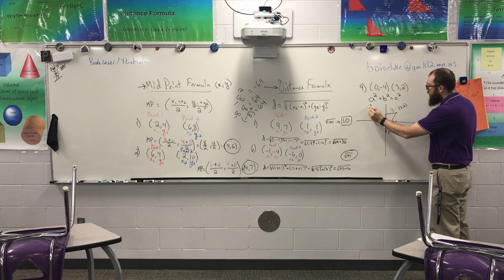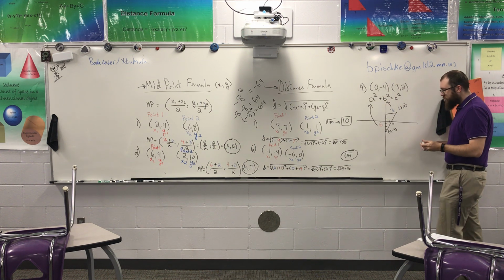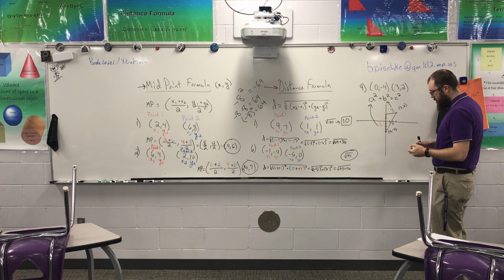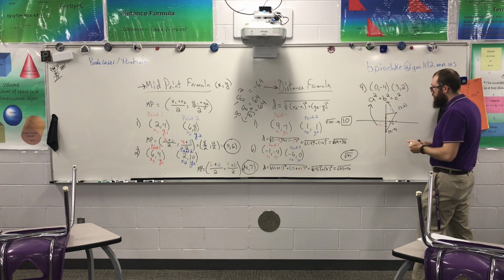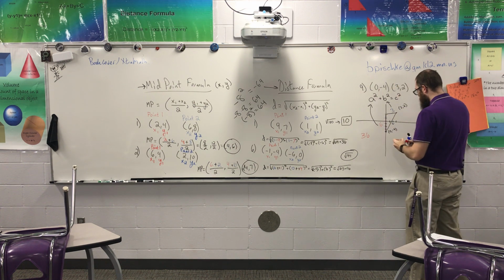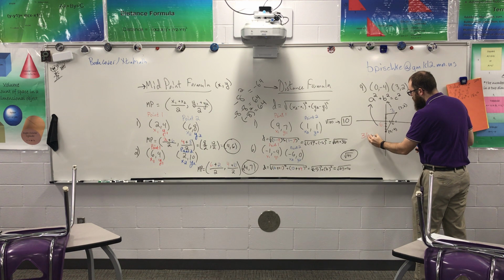So my rise and my run go in for A and B. 6 squared is 36. 3 squared is 9.